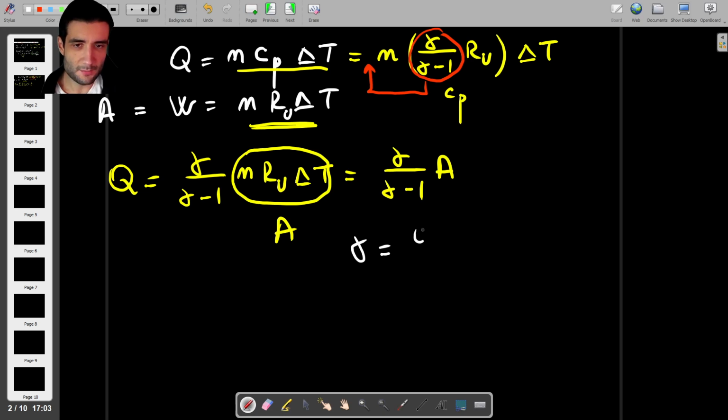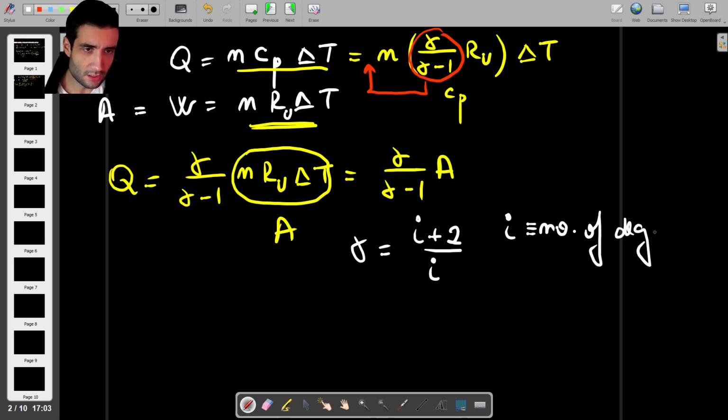So we know that gamma is I plus 2 over I, where I represents the number of degrees of freedom of the gas molecules.